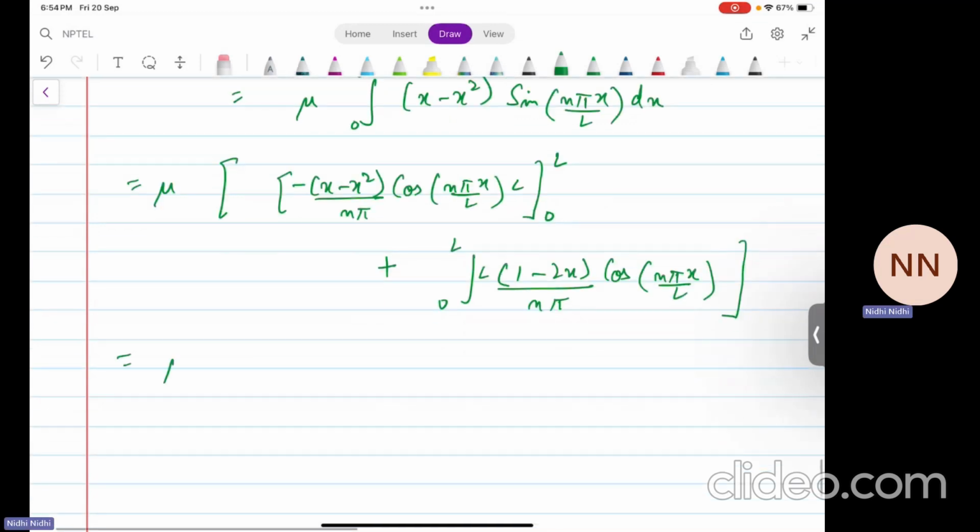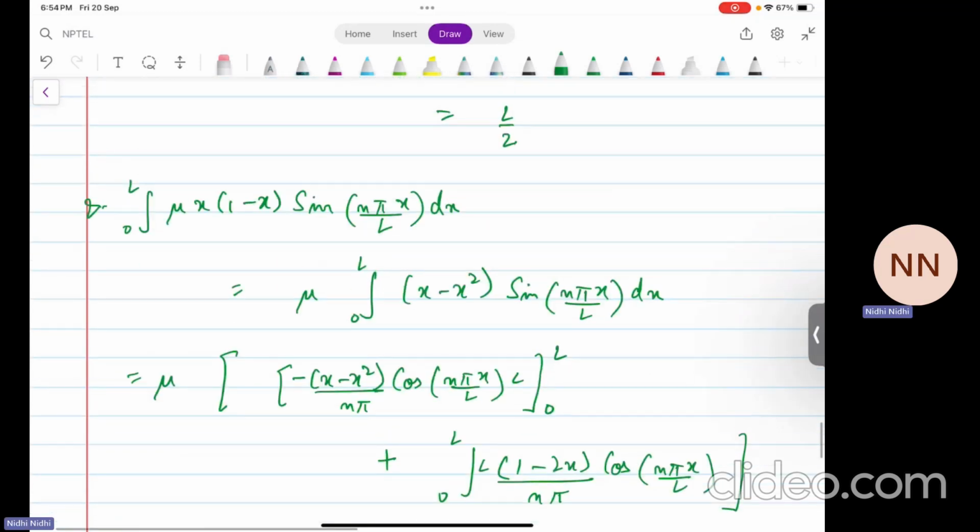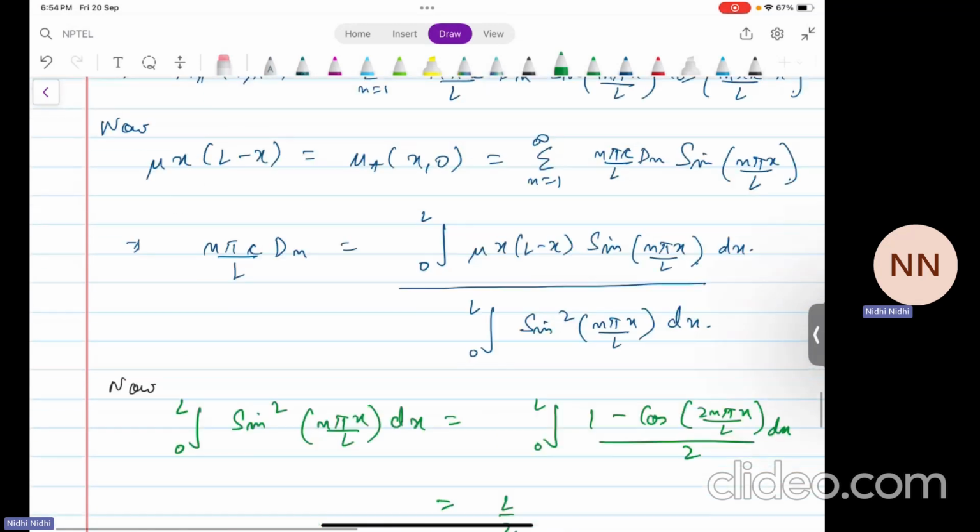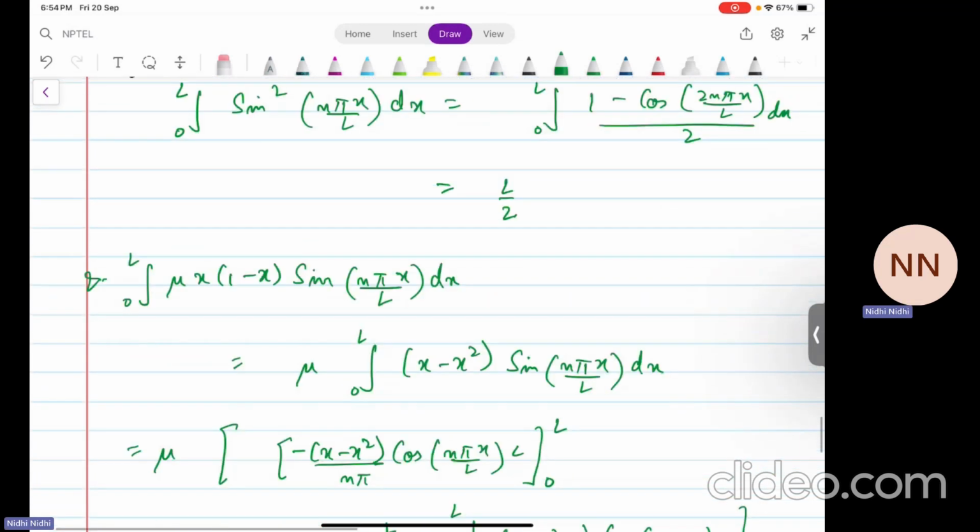which is equal to mu. Now putting x equals to L, we'll get cos n pi, since cos n pi is minus 1 to the power n. Wait a second. This was not 1 minus x. This was L minus x.